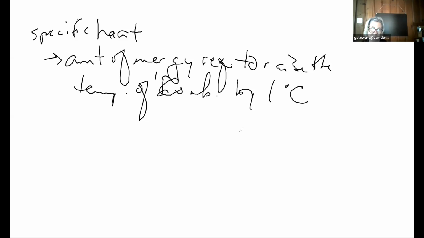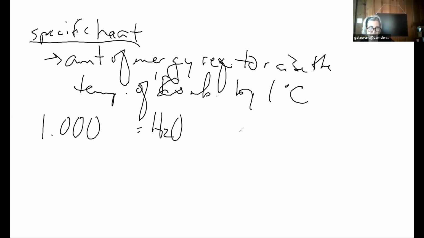Why is this important? Because water has the highest specific heat of all liquids, which is actually 1.00 something. And I think it's measured in kilocalories per gram per degree Celsius, like that. Every other substance on the planet has a lower specific heat. What does that mean?